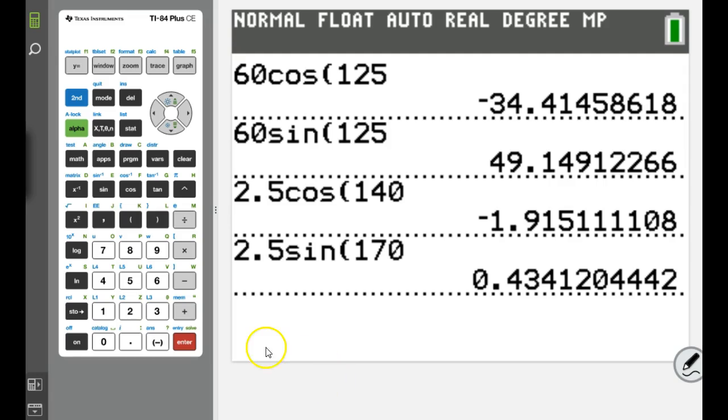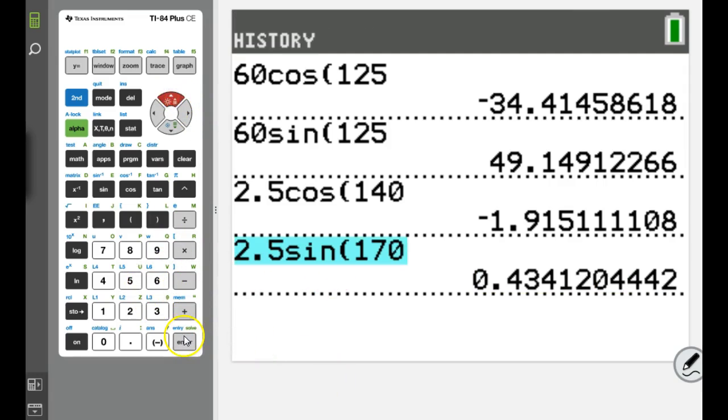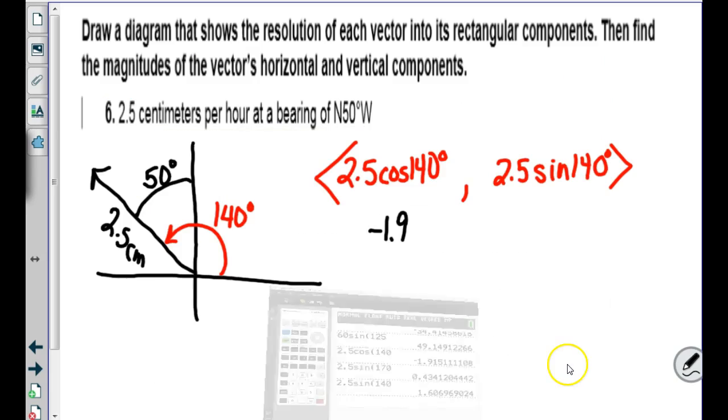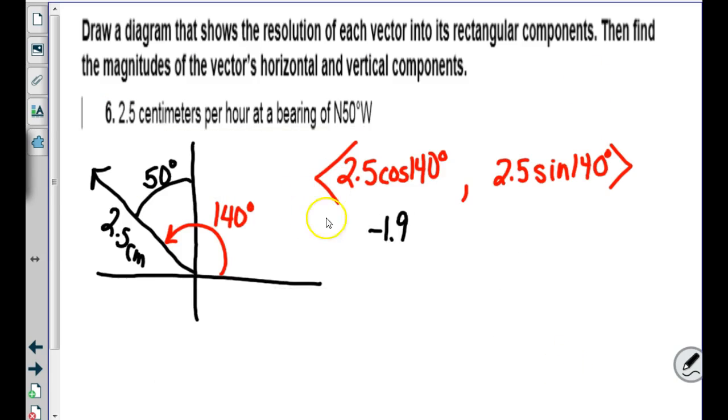Entirely possible. Yeah, I put 170. Don't listen to me. 1.6 is beautiful. It should be close to each other because it's almost a 45, so the numbers should be close.